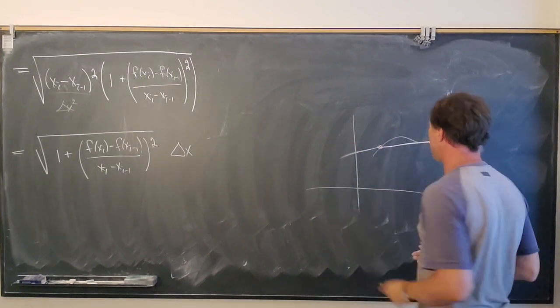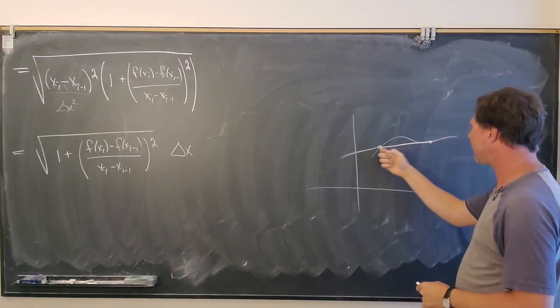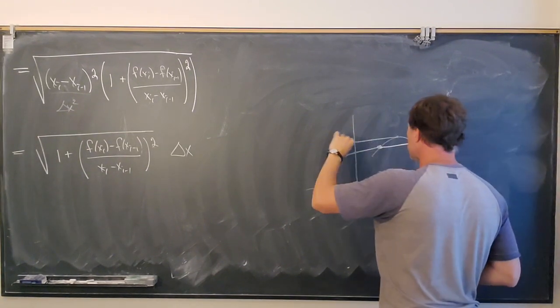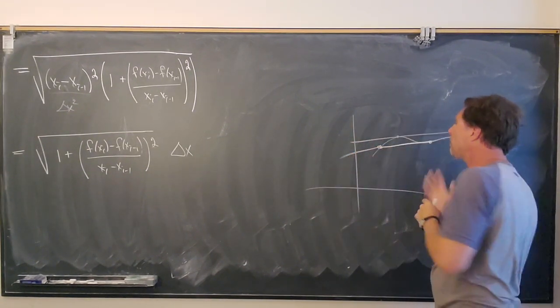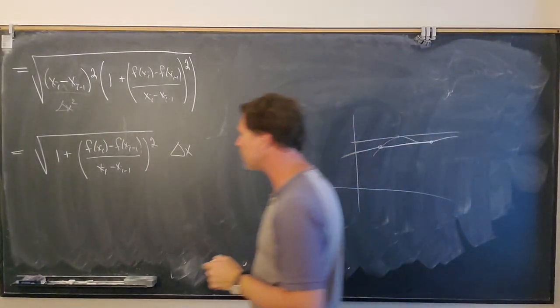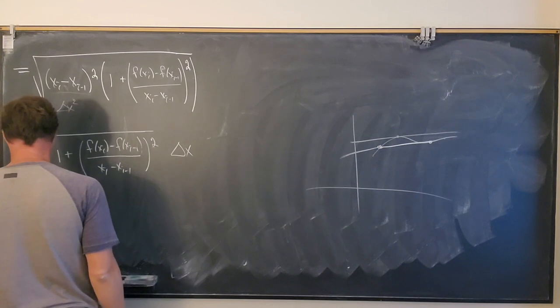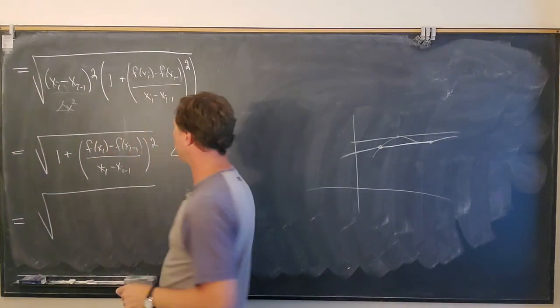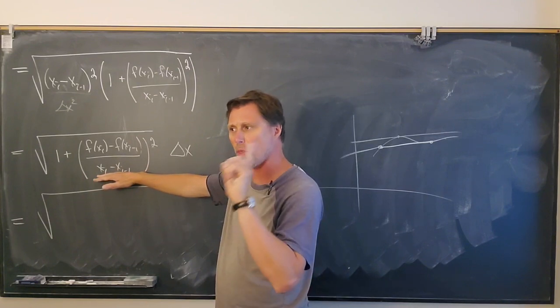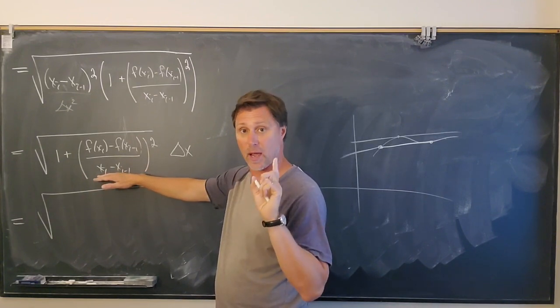And the mean value theorem says that there is some point in between for which the slope of the graph matches the slope of the secant line, right? That's the mean value theorem. And so there is some point for which the slope of the graph matches, and I want to call the point where that exists xi star.